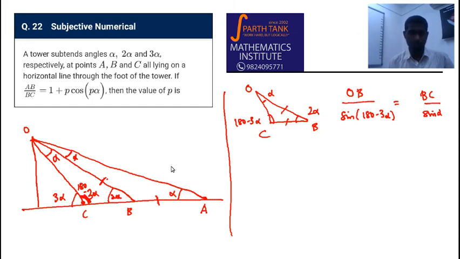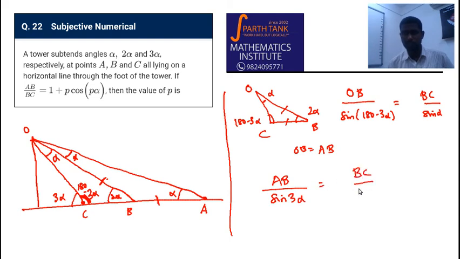Now we have said that OB is equal to AB because it is an isosceles triangle. Therefore AB by sine of 180 minus 3 alpha, which is sine 3 alpha, should be equal to BC by sine alpha, right? So AB upon BC should be sine 3 alpha upon sine alpha.